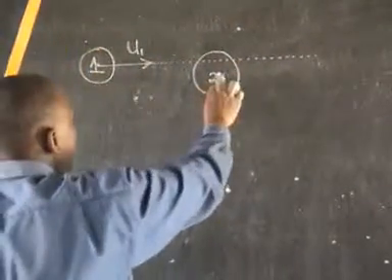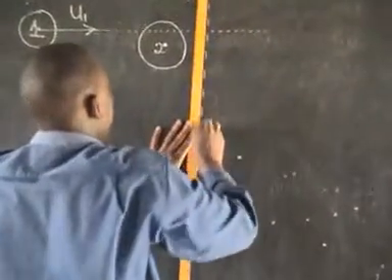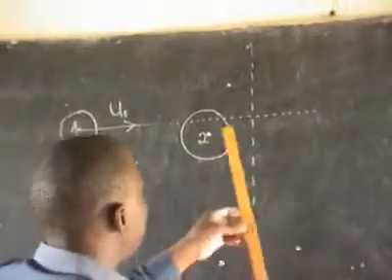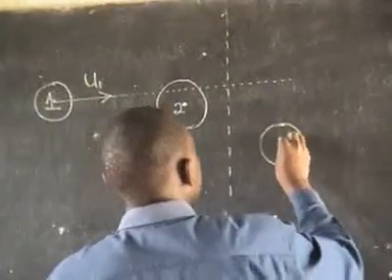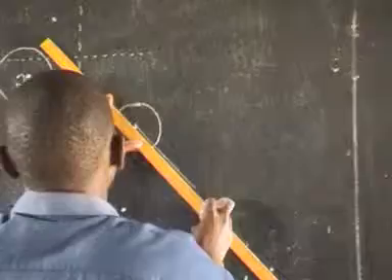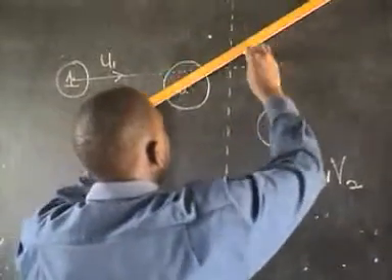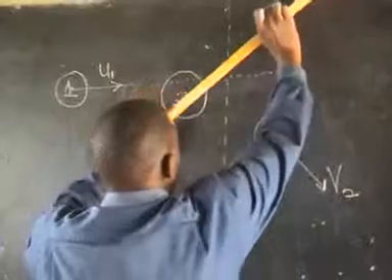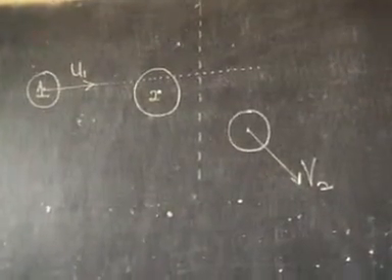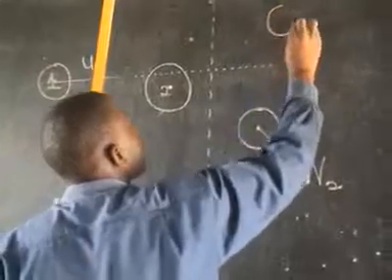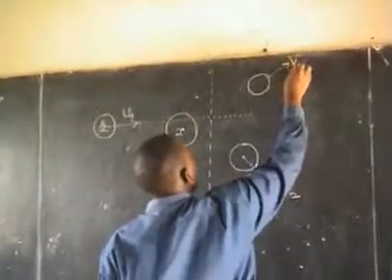since this line is not along the center of mass, then after impact this body will move in a direction as shown in the figure with a certain velocity, which I call V2, and this one will also move with a certain velocity, which I'm going to call V1.